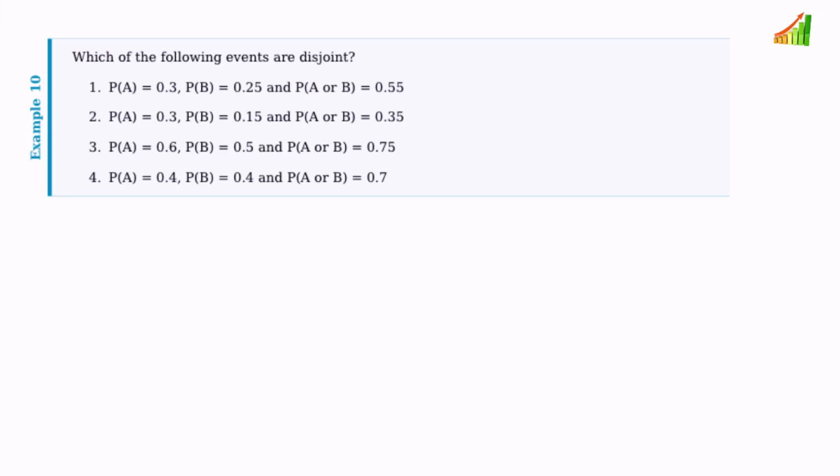Example 10. Which of the following events are disjoint? How do we check whether events are disjoint? We use this equation: probability of A or B equals probability of A plus probability of B. Let me check.